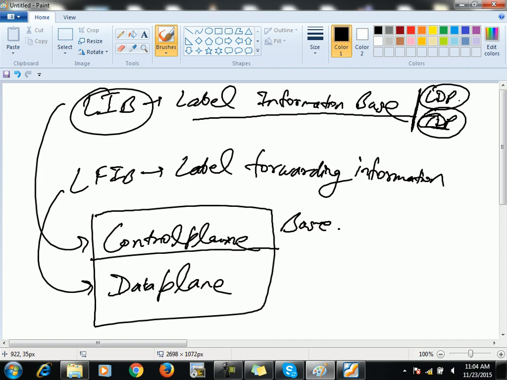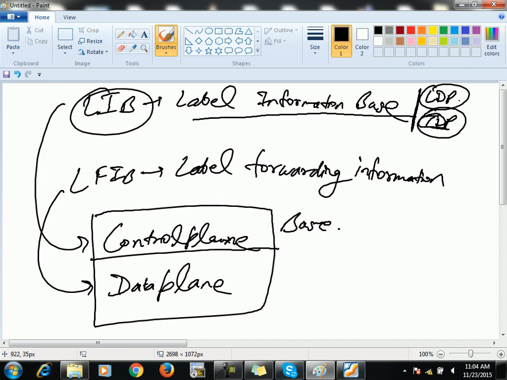So we will be using LDP in MPLS throughout this training. We will never go for TDP, because TDP is Tag Distribution Protocol, which is a Cisco proprietary protocol, and that's the biggest difference between TDP and LDP. So we will learn only LDP in MPLS.